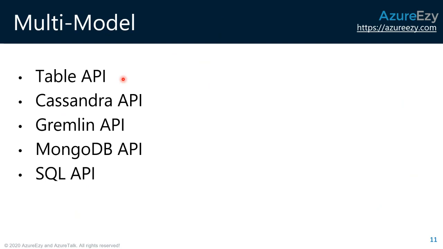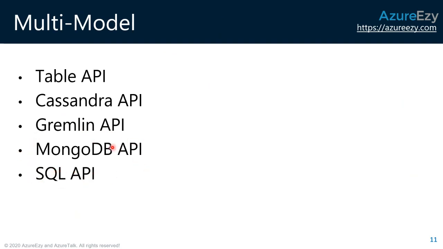Cosmos DB has different APIs to support or access all these 4 kinds of databases. For example, Cosmos DB has the Table API to support key value, the Cassandra API to support column-based databases, the Gremlin API to support graph, and Mongo and SQL for document DB.